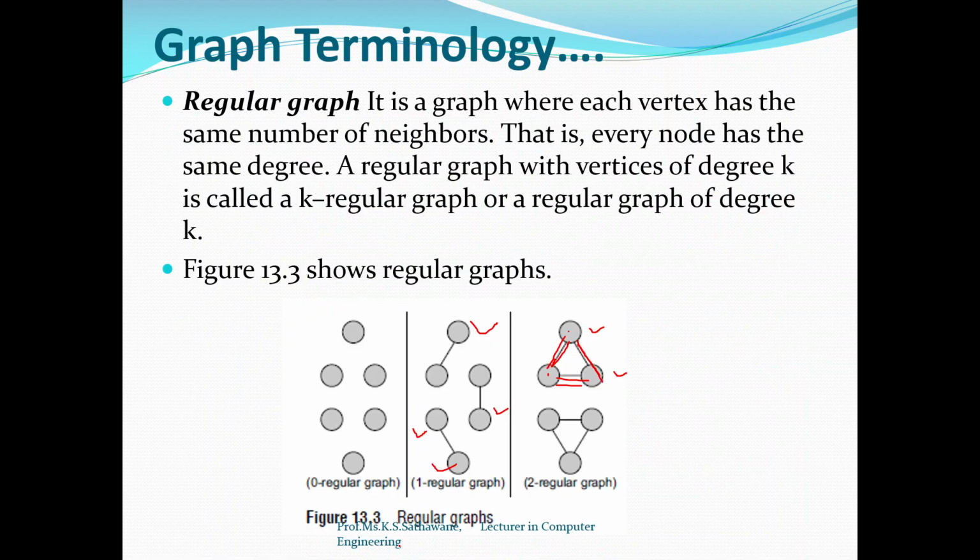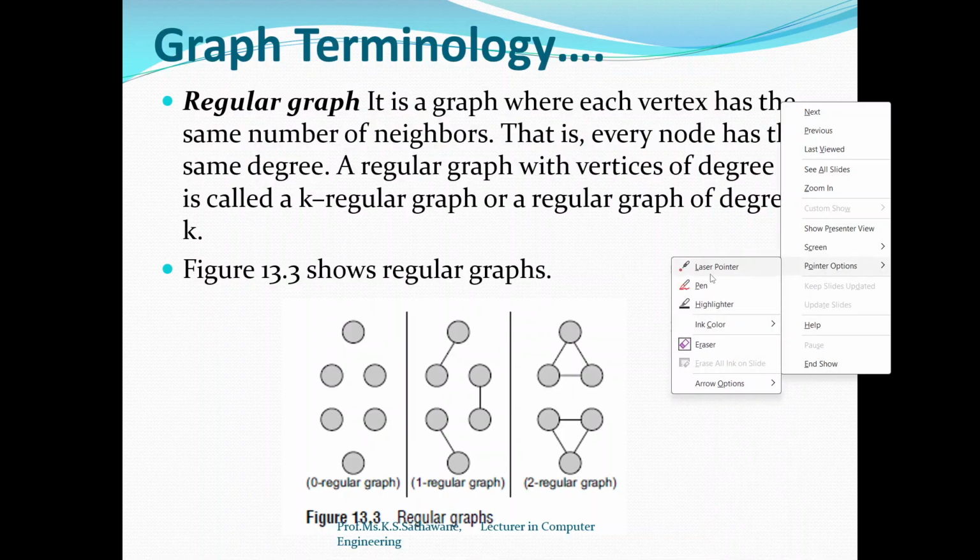Now what is a regular graph? It is a graph where each vertex has the same number of neighbors. That is, every node has the same degree. A regular graph with vertices of degree k is called a k-regular graph or a regular graph of degree k.